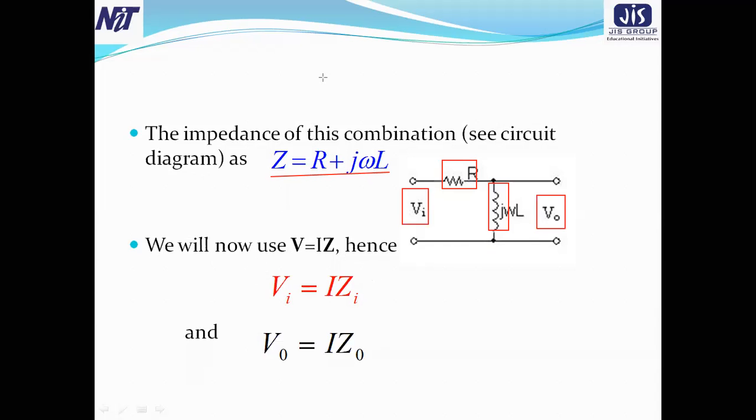Now if we use V equals IZ, then Vi will be equal to I into Zi, and V0 will be equal to I Z0.